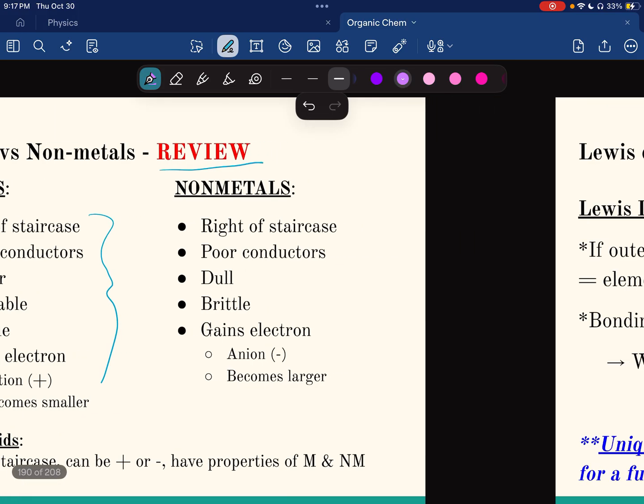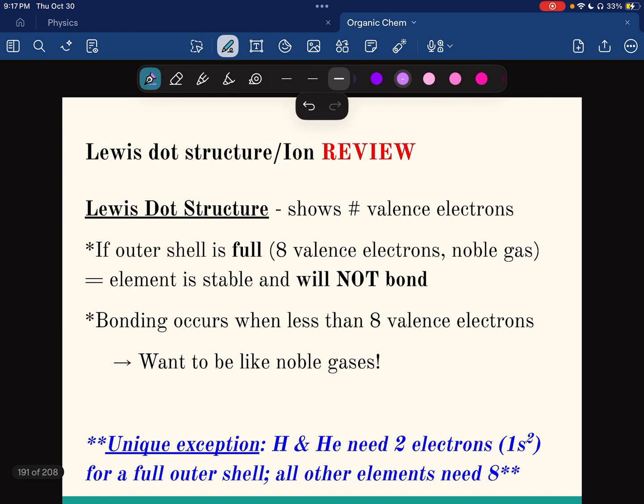And just then applying that information. We've already practiced some Lewis dot structure. That's kind of what we did with chlorine. If you remember, it had 7, and calcium had 2. You just remember this. Basically, you're looking at the valence electrons, which is what we already did.